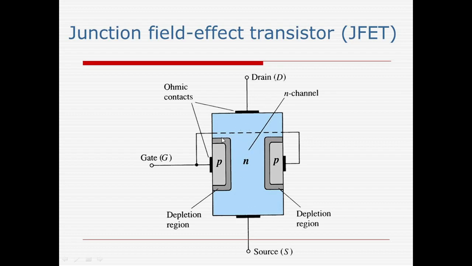Now, if the width of the depletion region gradually increases, the width of the channel will reduce and the flow of charge carriers will be obstructed somewhat. This is briefly the structure and the working principles of JFET.